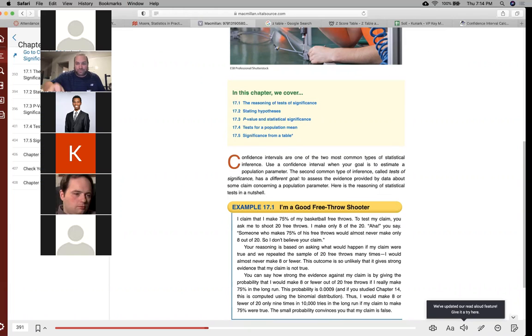Wait, so what's the difference between P and P hat again? One more time. Okay, so P is the true proportion that I'm looking for, that I do not know, right? I will never know P. P hat is the one that came from my sample.